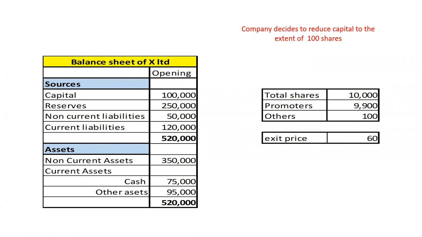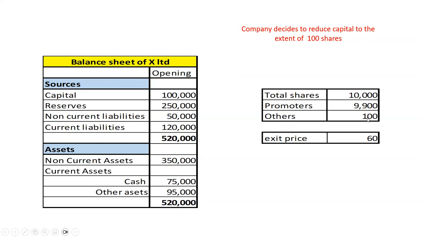So what will happen to the financial statements? In other words, what is the effect of the capital reduction on the financial statements of RRL? Let us understand through the lens of X Limited. When 100 shares are paid off, our capital is reduced to the extent of 100 shares, and the company is required to pay 100 into 60, 6,000.